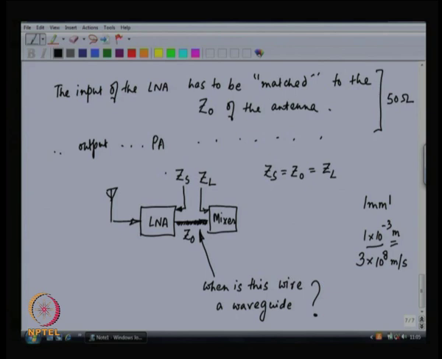So, it is about 300 picoseconds or 30 picoseconds.